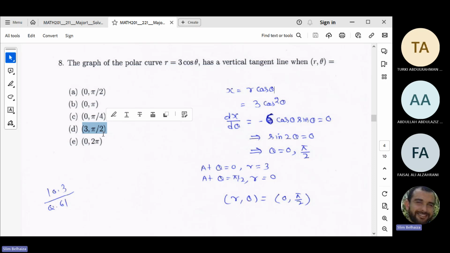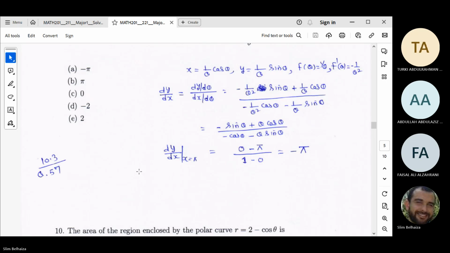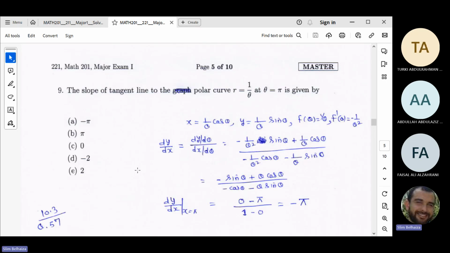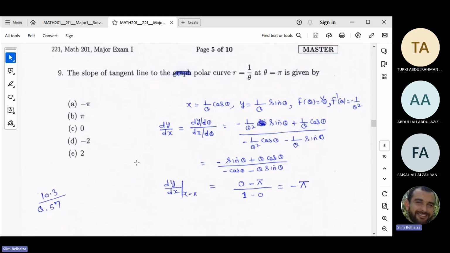They didn't give the appropriate angle with the 3. It should have been 0. In that case, you would have 2 right choices, which is not the case here. You got it? There are 2 points, 3, 0 and 0, pi over 2. 3, 0 is not given, so 0, pi over 2 is the only one given. Okay guys, do you have any particular question?